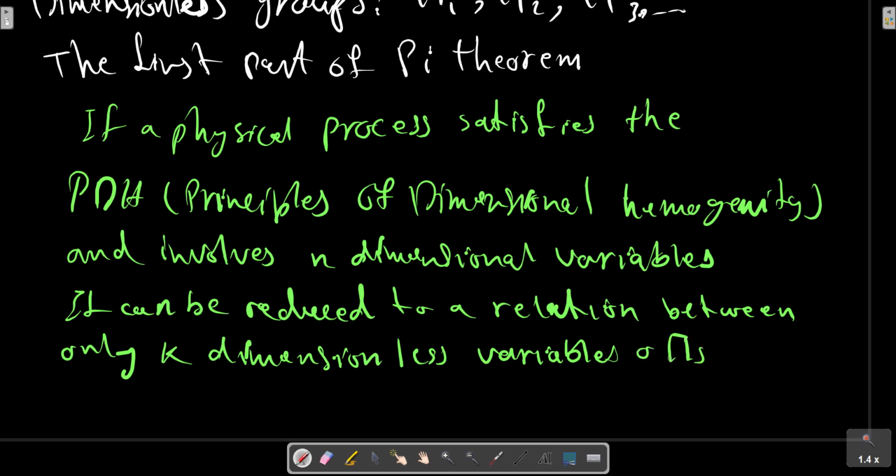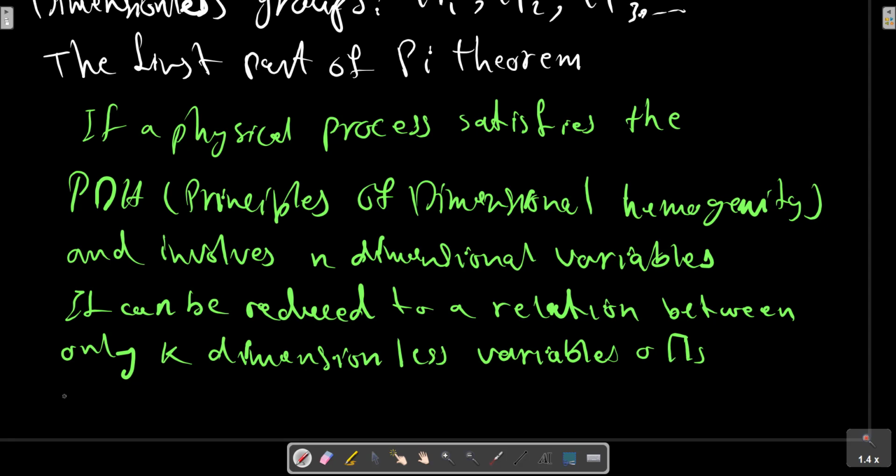The reduction j equals n minus k equals the maximum number of variables that do not form a pi among themselves, and is always less than or equal to the number of dimensions describing the variables.